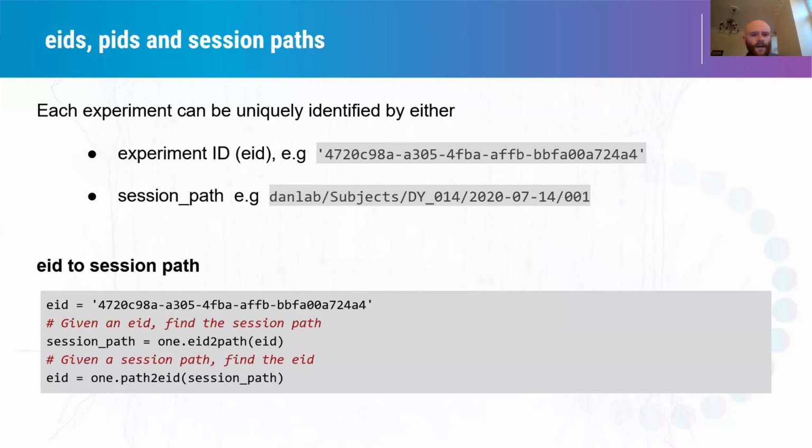So I mentioned experiment IDs potentially being a session path or a UUID. Every list and load function can take either as an input, but they can also be interconverted with these two methods here, the EID to path and path to EID methods.